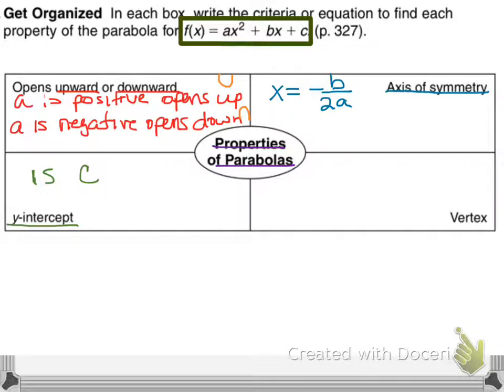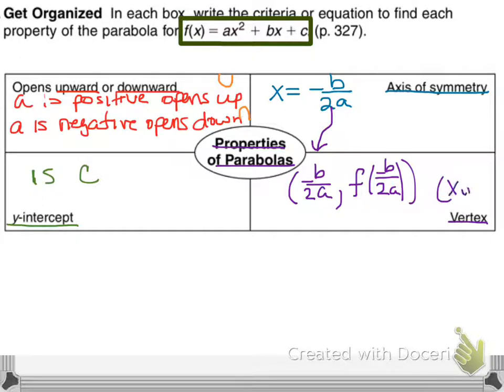And we find the vertex. It is a point, right? Vertexes are always points, and we find that point by taking what we found up here, that negative b over 2a, and then we're going to take that value and sub it back into our equation. So essentially what we get is a point, right? The vertex is a point (x, y).